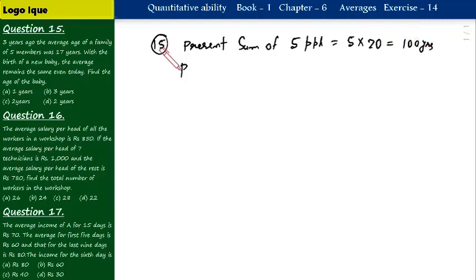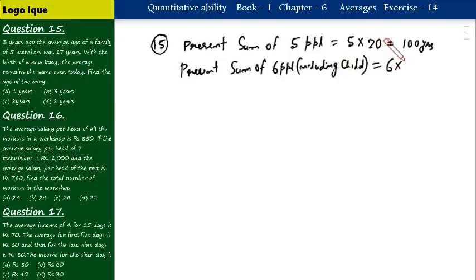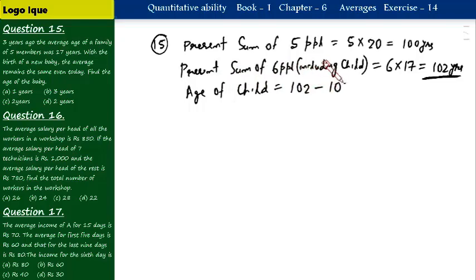And the present sum of 6 people, obviously the sixth one is the child, including the child, would be equal to, the average is the same. So the average of the 6 people is the same as it was earlier. So now we have 6 people into the original average, 17. So 6 into 17 would be 102 years. Whatever the difference is, is the age of the child. So the age of the child is equal to 102 minus 100, which is 2 years.